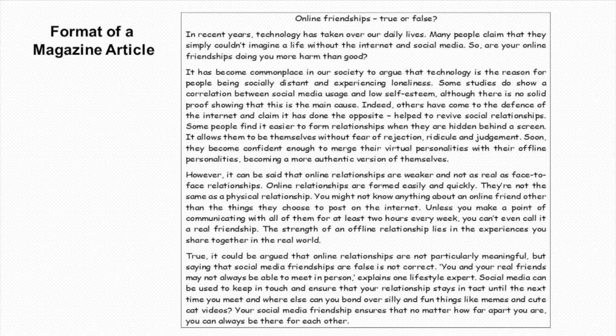On your screen, you can see the format of a magazine article. This magazine article uses a catchy heading that is relevant to the topic of the article. It introduces the topic in the first paragraph and uses a rhetorical question to engage the reader.